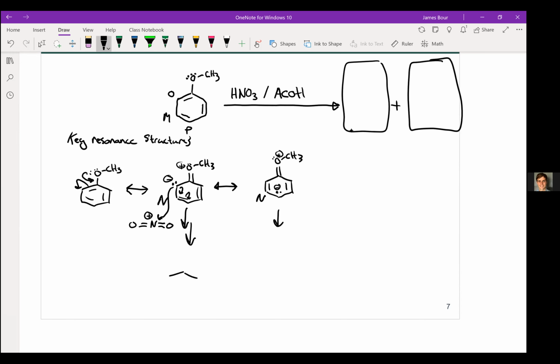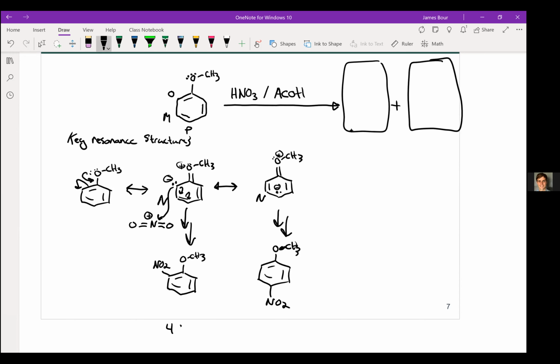And what that ends up resulting in after re-aromatization, which I'm not drawing here, again, I'm not drawing the re-aromatization. That's what the second arrow means. I'm just, in the interest of time, since we've already gone over the mechanism, these are the two products we get.